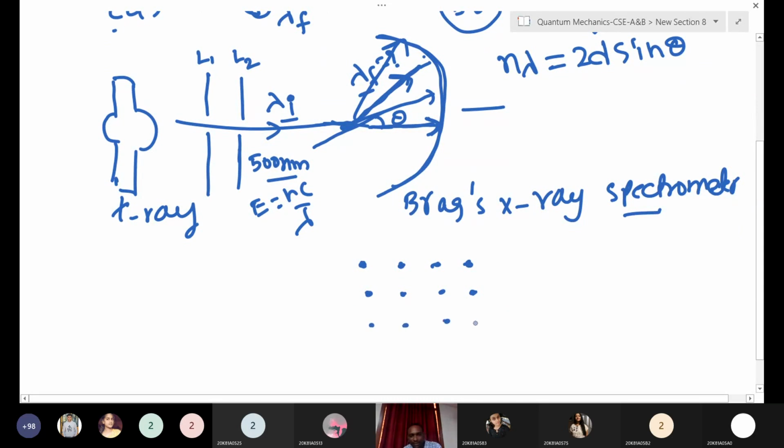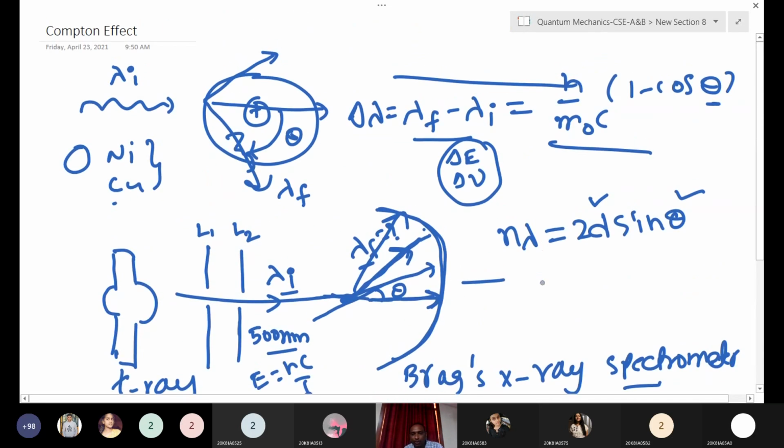The d-spacing, or atomic spacing, means the distance between two crystal planes. We know this for every atom, so we can estimate it. Using this we will estimate n, the order of diffraction: first order diffraction, second order diffraction, like that.